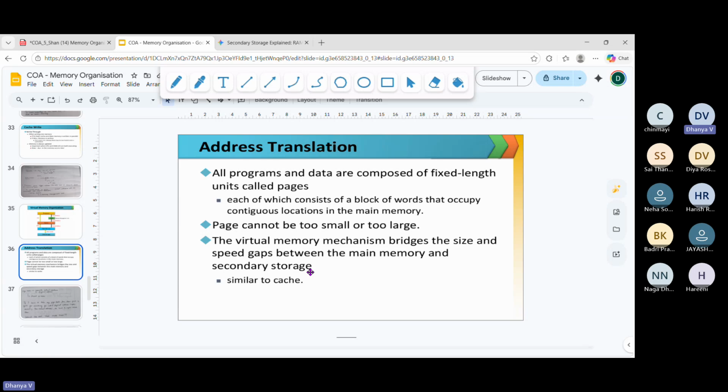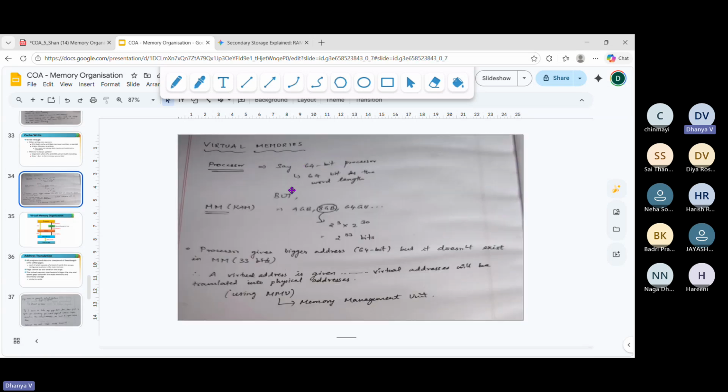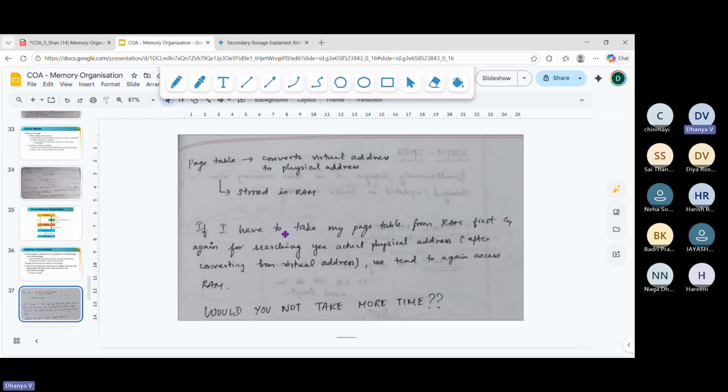I gave you an example: between your main memory and your secondary storage there is a difference, just like how your processor and your main memory have a difference in accessing the exact address, even when it comes to your secondary memory, main memory and your cache. So that's why the virtual memory concept comes into the picture.